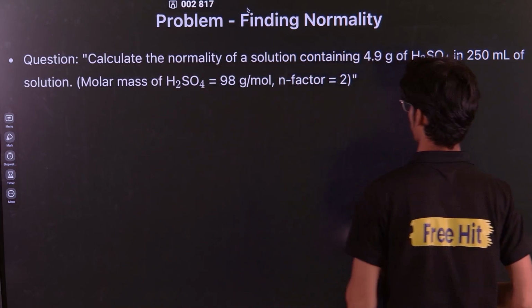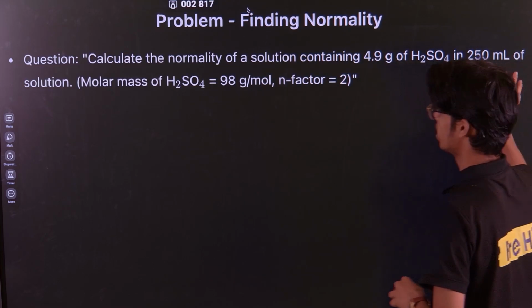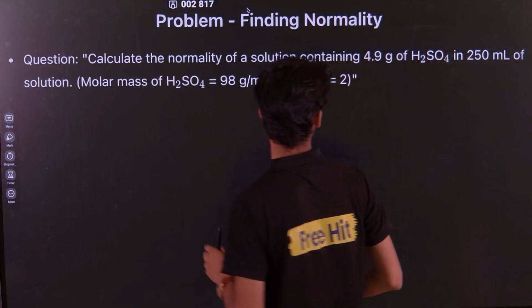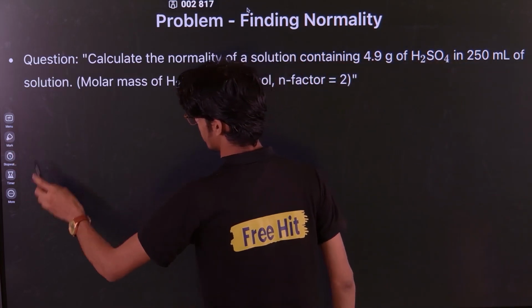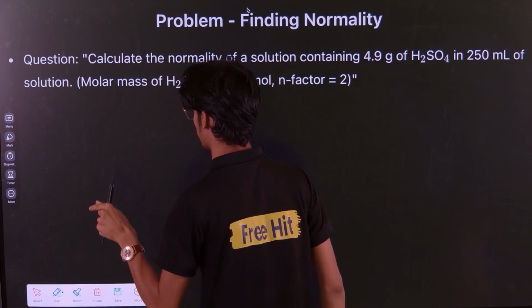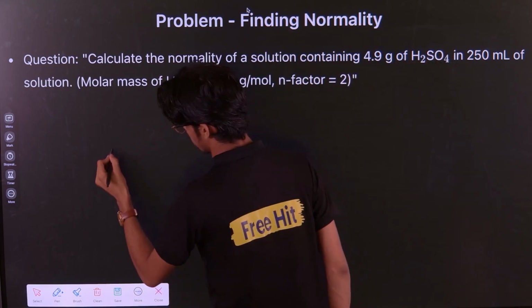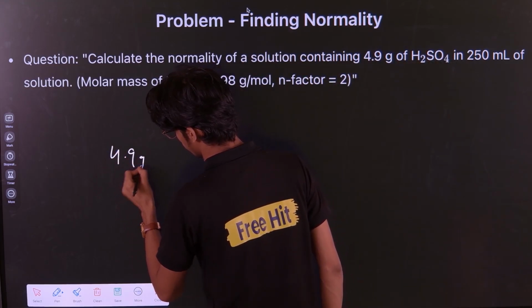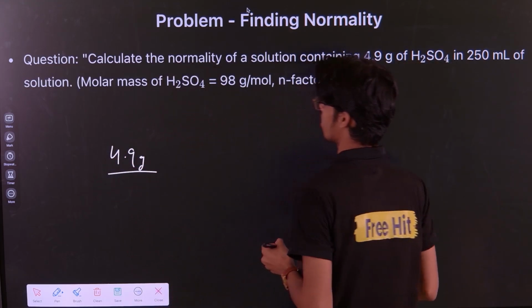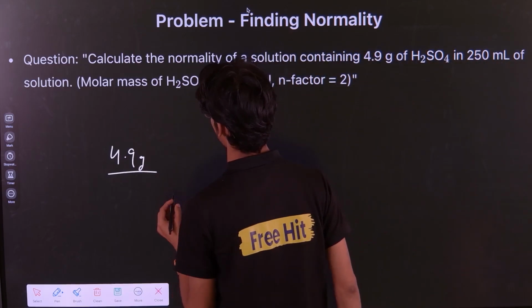We have to calculate the normality of a solution containing 4.9 gram of H2SO4 in 50 milliliter of the solution. First of all, we have to find equivalent moles, not normal moles. How can you find this? The given mass is 4.9 gram, and what is the molar mass? 98 gram, right?